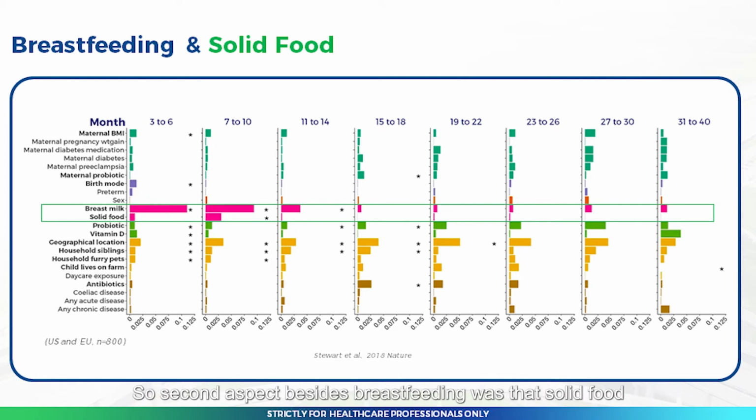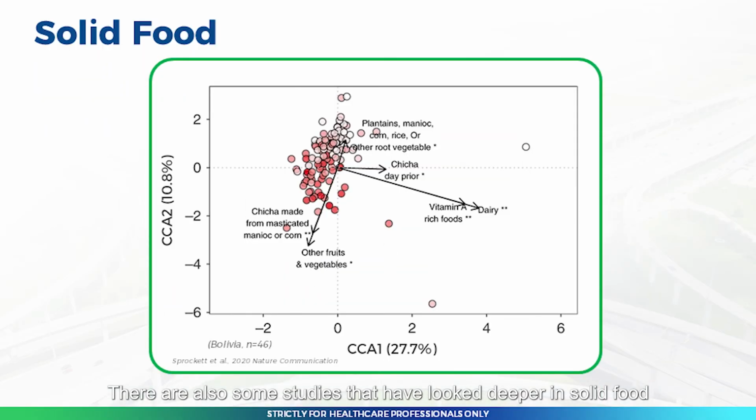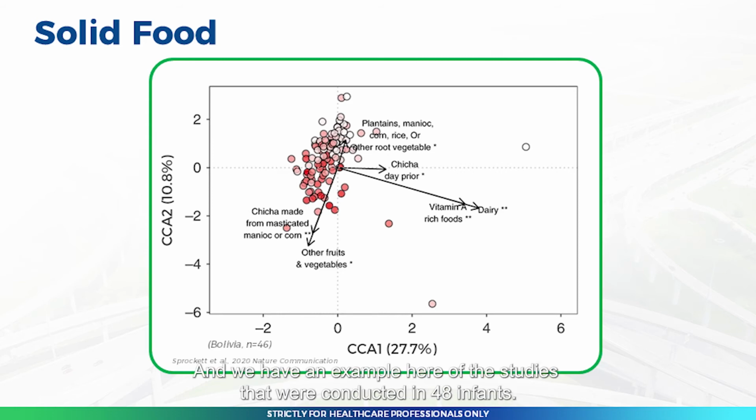The second aspect beside breastfeeding was that solid food also appeared as an important element in determining how the microbiome was shaped in those infants. There are also some studies that have looked deeper in solid food in trying to understand which components are actually important in shaping the gut microbiome composition, and you have an example here of a study that was conducted in 48 infants.